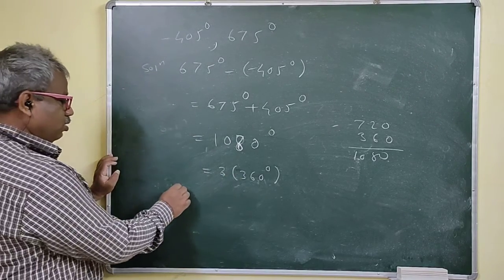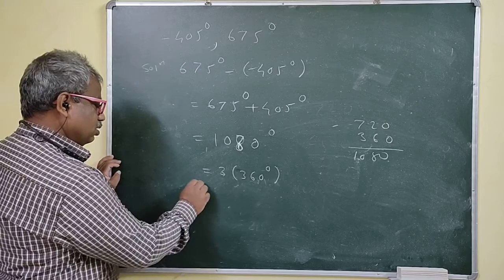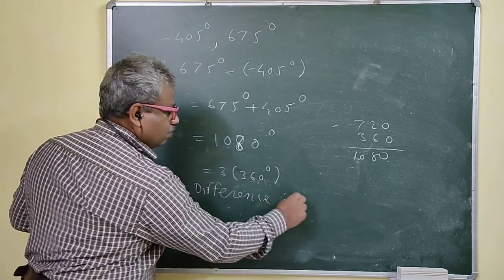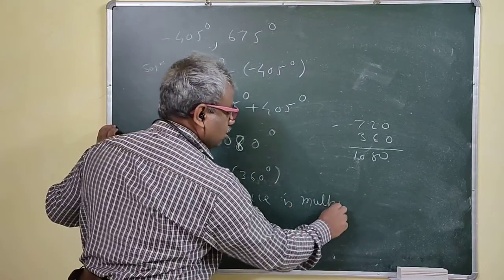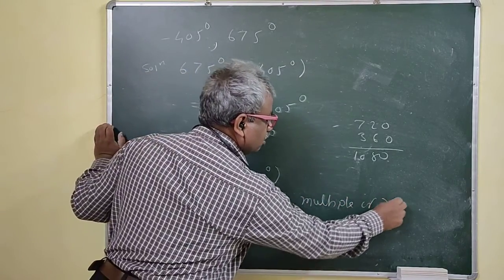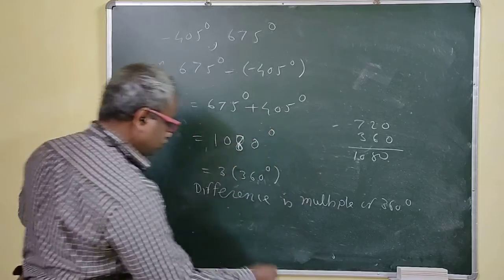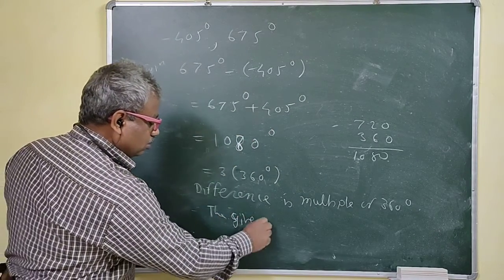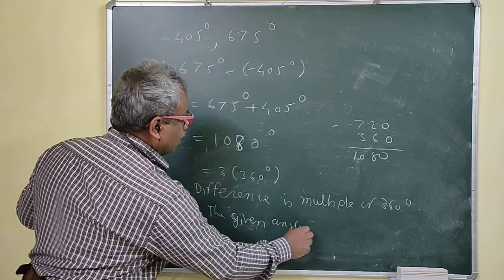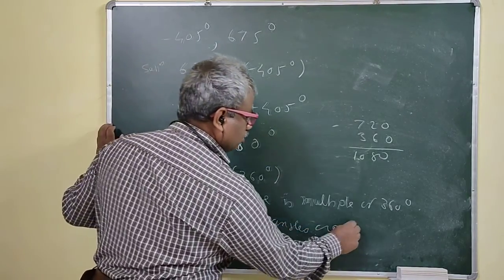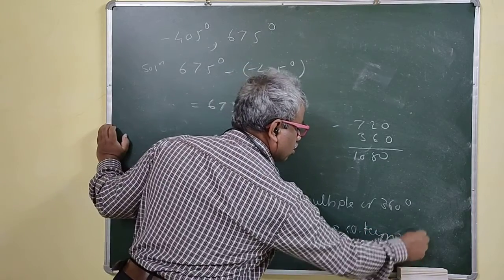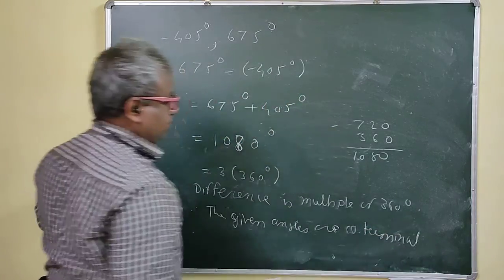So therefore, since the difference is a multiple of 360 degree, the given angles are coterminal.